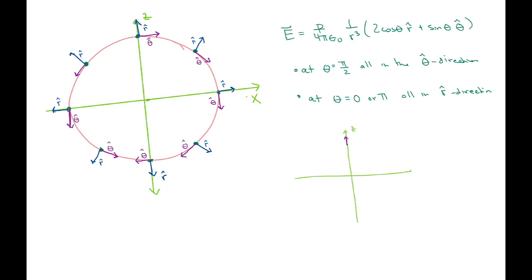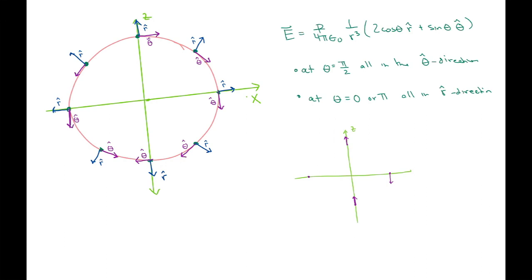Down here, theta is equal to pi, so I'm going to get a negative sign, and it's going to be in the negative r direction. The positive r direction would point down, so the negative r direction is going to point up right here. If I go over to this point over here, theta is equal to pi over 2, so I know that my field is going to point down there.